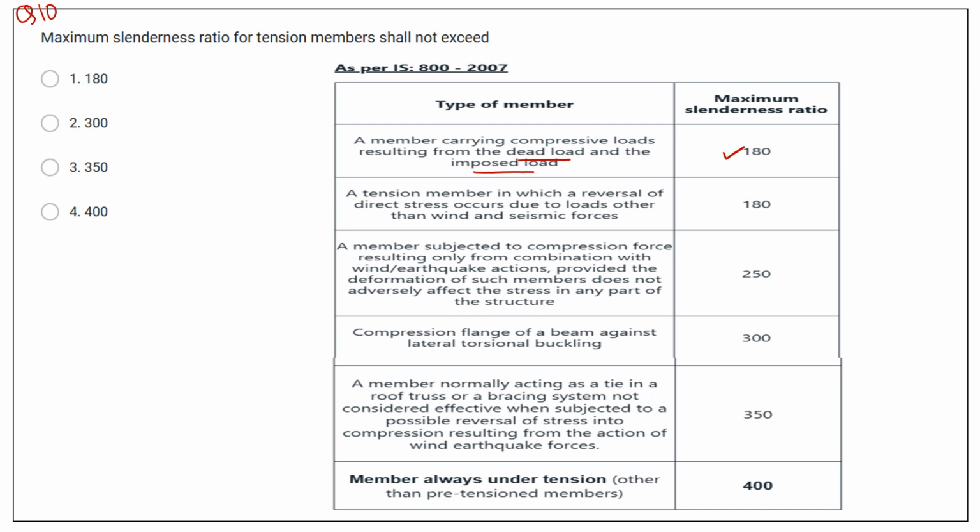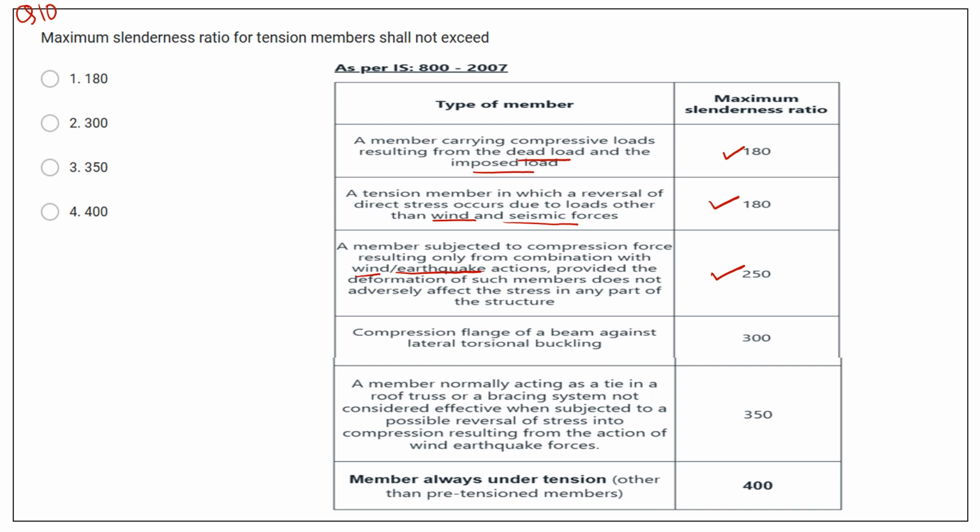Second, a tension member in which reversal of direct stresses occurs due to loads other than wind and seismic load, 180 is the slenderness ratio. Then in the third, for the combination of wind and earthquake action, the slenderness ratio is 250.